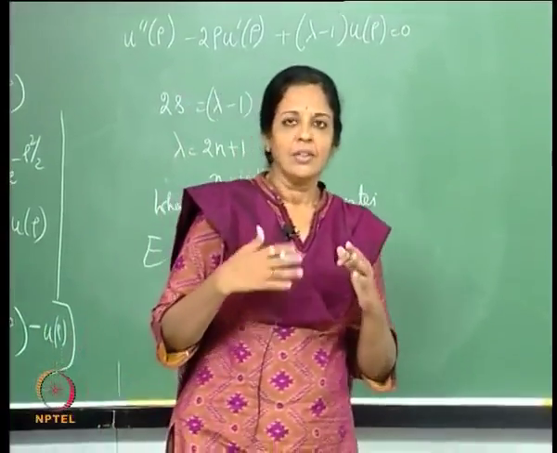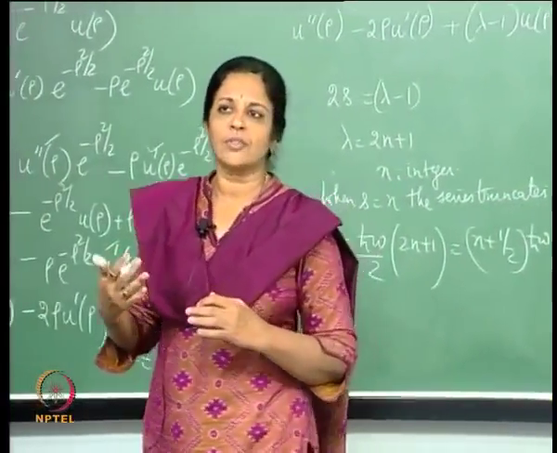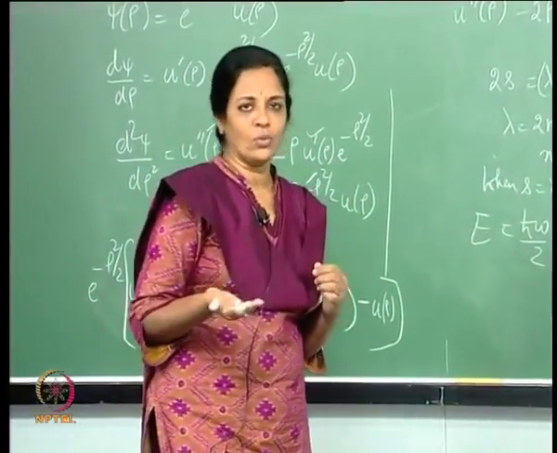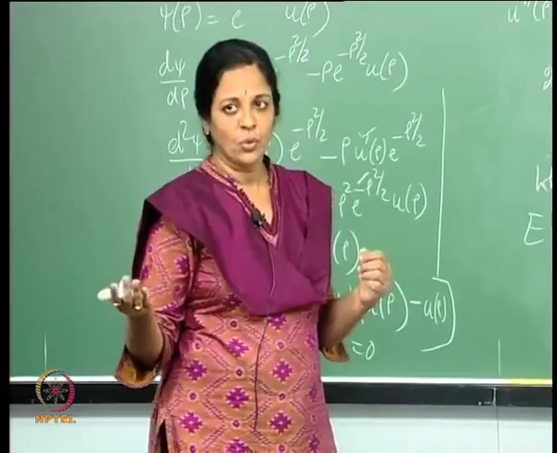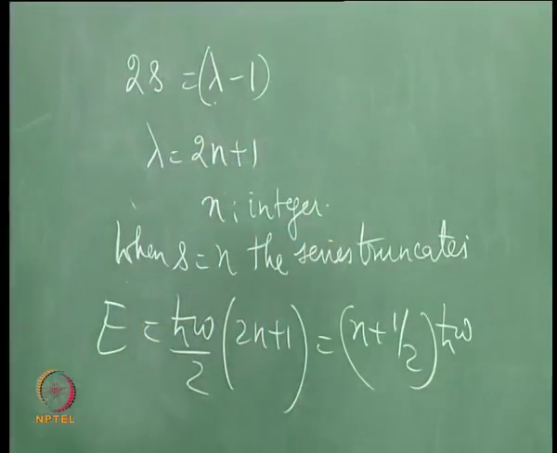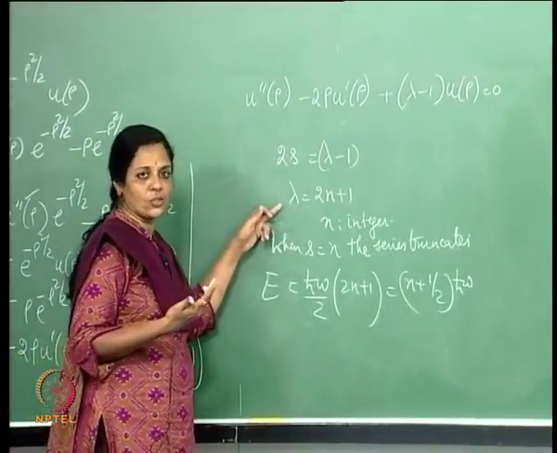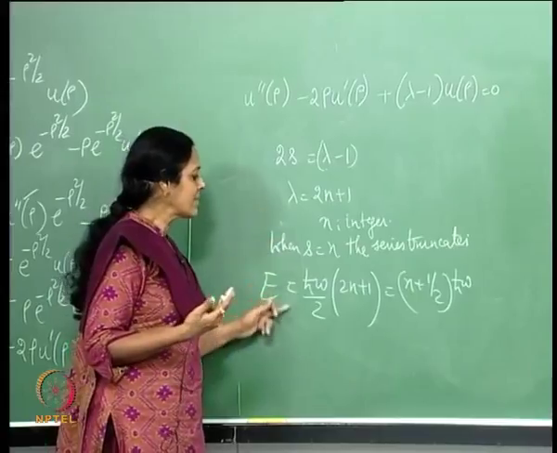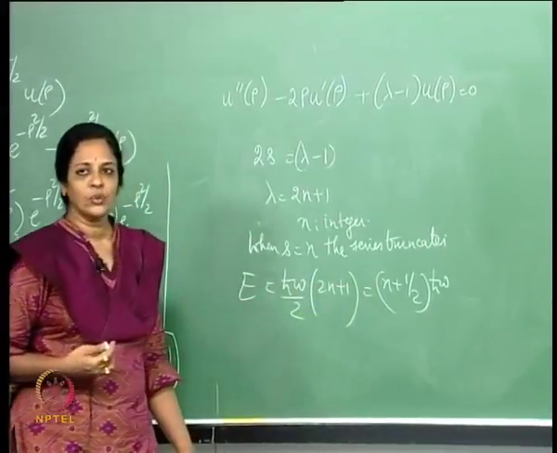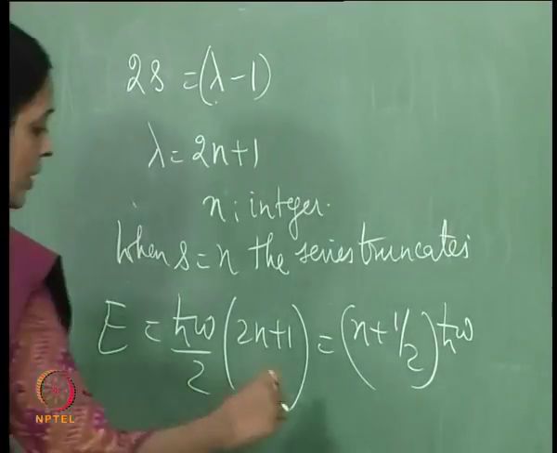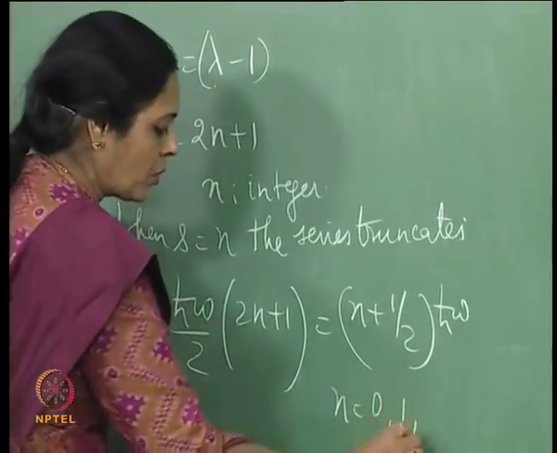The fact that the asymptotic behavior of psi should be admissible, the fact that psi should go to 0 for large values of rho and therefore x, puts a constraint on lambda because the series has to truncate, and that in turn tells me what the eigenvalues are. So the eigenvalues are of the form n plus half h cross omega, and in principle n can be 0, 1, 2, 3, anything.